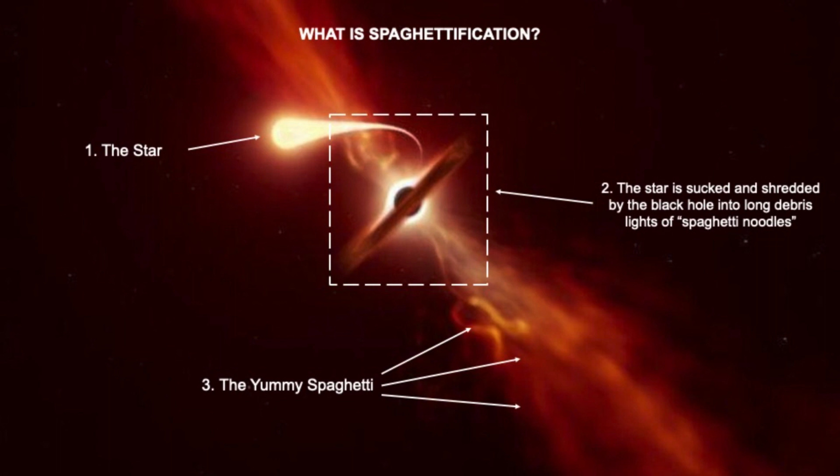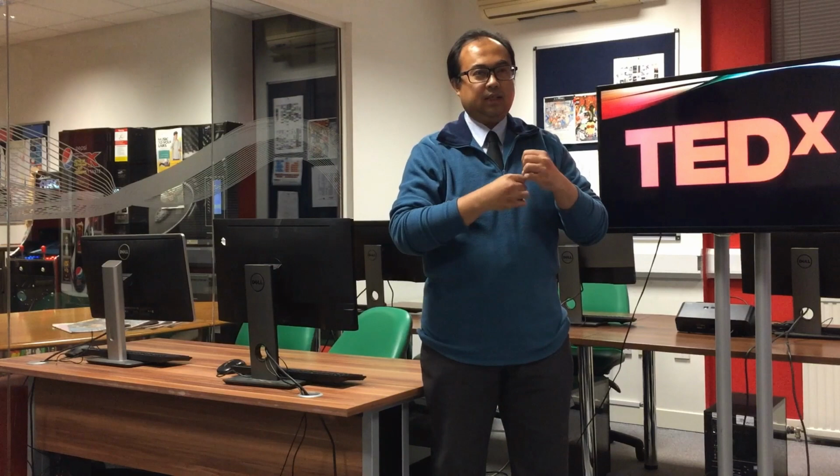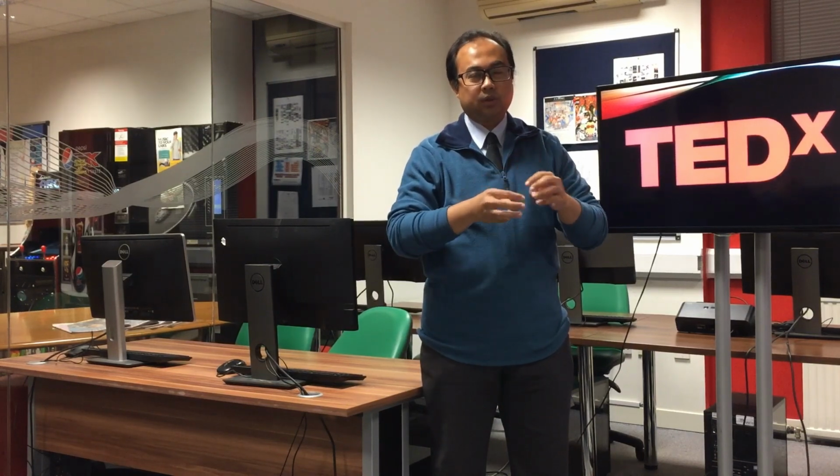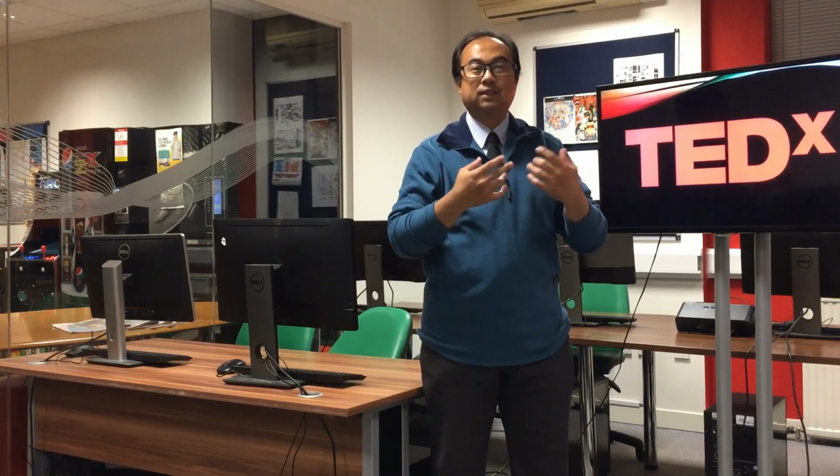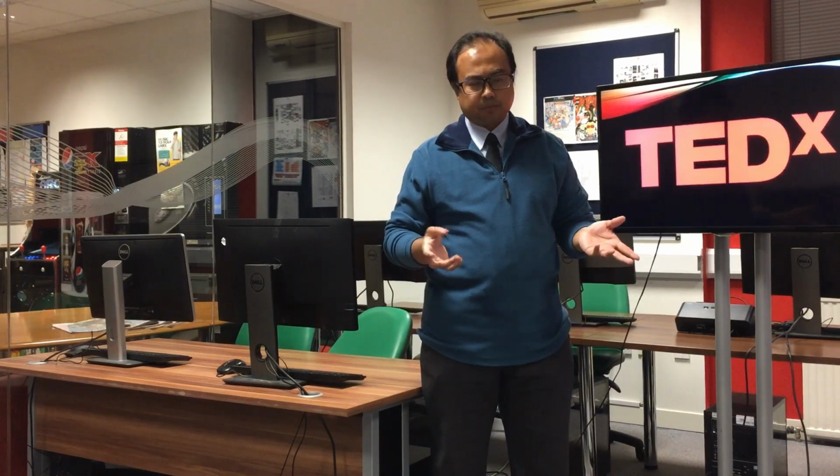The process results in the star being torn apart and let out as a very bright flare of debris. And this debris will wander across space looking for its next destination.